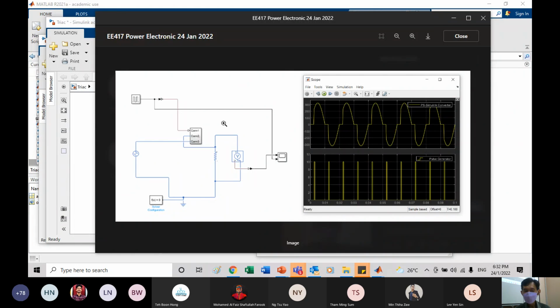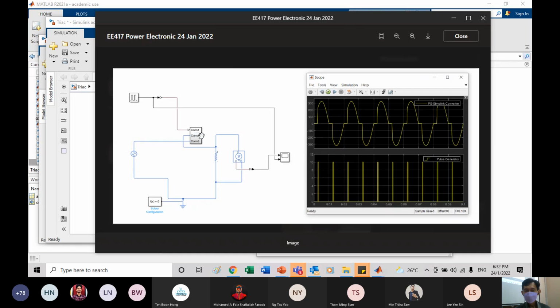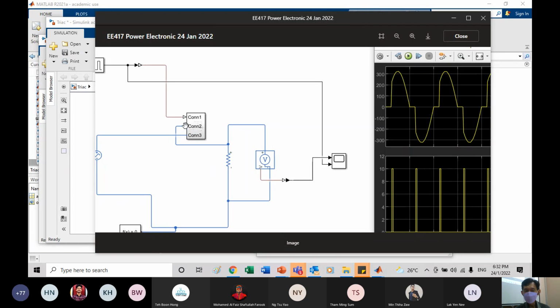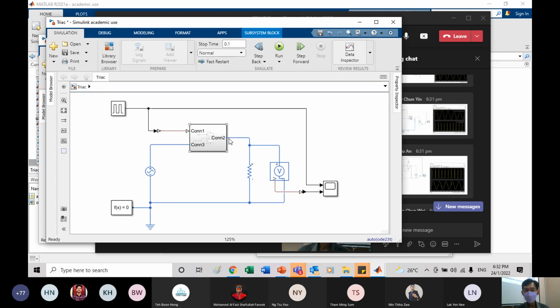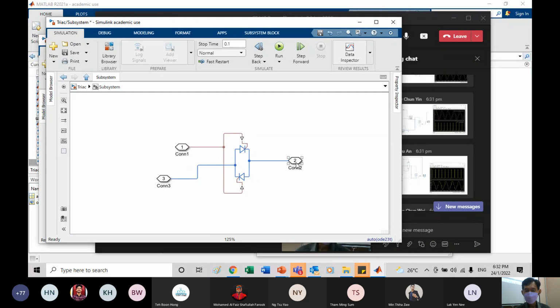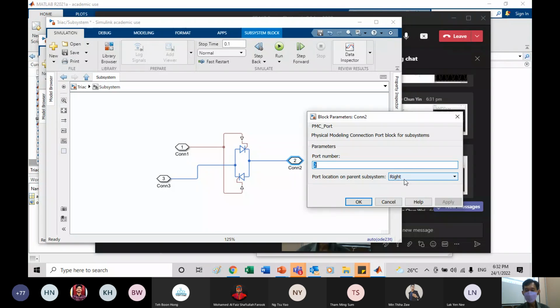One comment: when you create blocks like that, try to rearrange the inputs and outputs. Don't put them all together like that; it doesn't look good. The thyristor has one in, one out, and one control. You can control this by changing here, left and right.